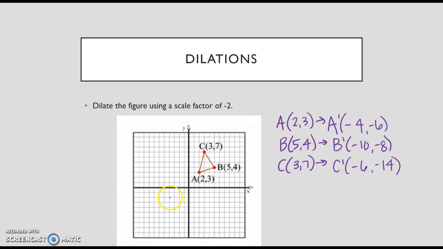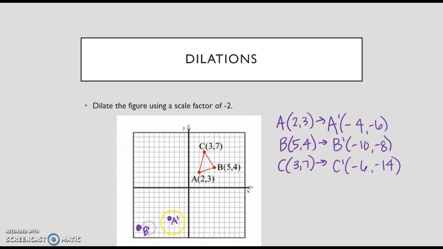So I've got -4, -6, maybe. There's my A prime. Got -10, 6, 8, 10, -8. All right, in here, maybe.